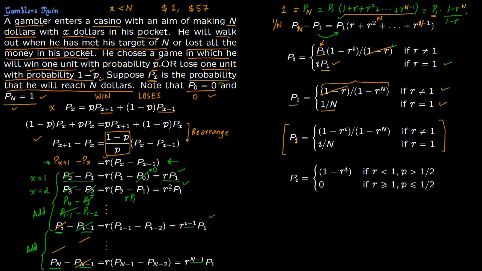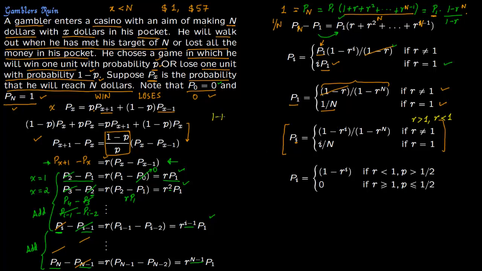So what does this r not equal to 1 and r equal to 1 exactly mean? Notice that (1 minus p) by p is r. So for r equals 1, you have (1 minus p) by p equal to 1, and you solve this. This will give you p is equal to half. For r not equal to 1, there are two things. You can rewrite this as r is greater than 1 or r is less than 1.